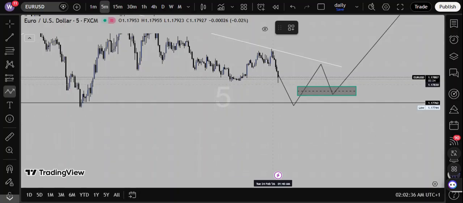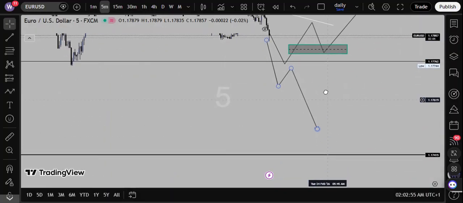We're going to expect price to keep dipping down, right, and break through this zone, come back into the FVG, and in fact, it might even take out liquidity one more time and dip down to the downside.